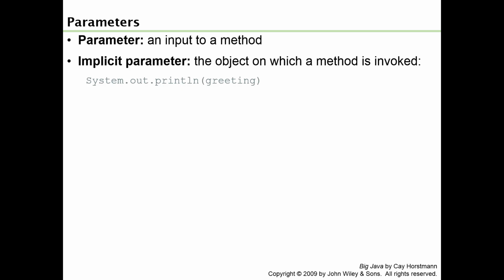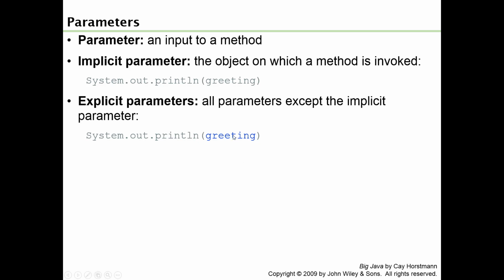It's nice that Java does that implicitly, otherwise you would have to send it in every time. So with System.out.println(greeting), not only do you get the greeting parameter passed in, but you also get a reference to the output stream passed in as well.